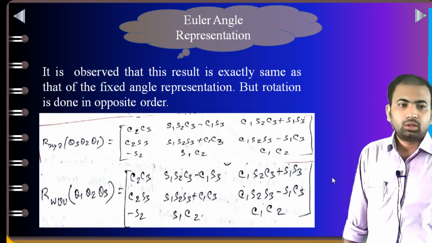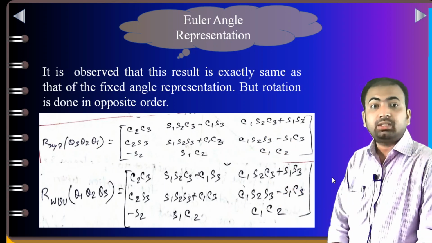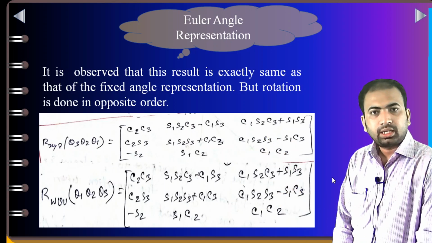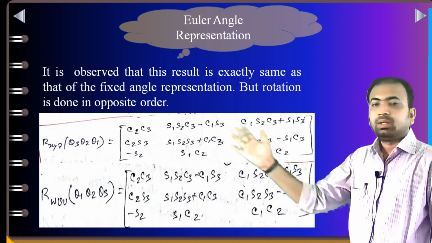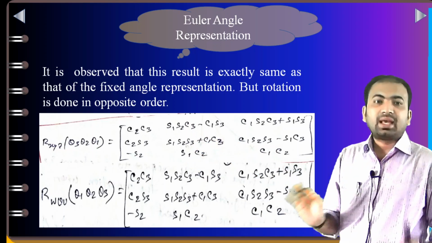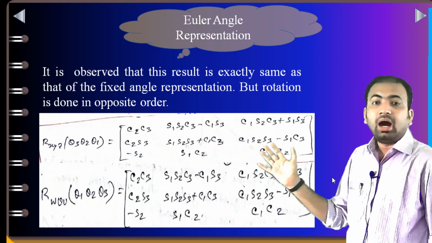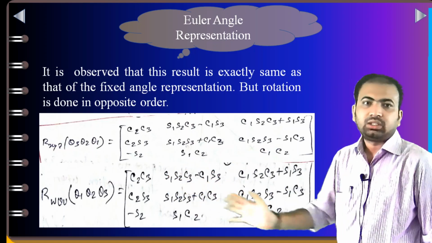Okay, you see both the matrices are the same, or the final result or outcome is the same. Okay, clear? That means R x y z with theta 3, theta 2, theta 1 in brackets is exactly the same as R w v u theta 1, theta 2, theta 3.